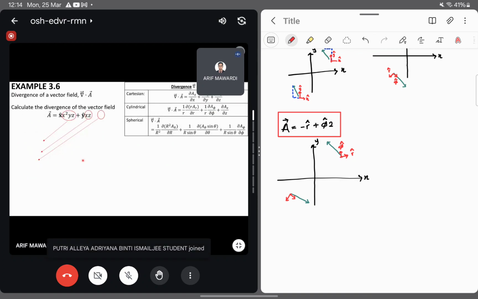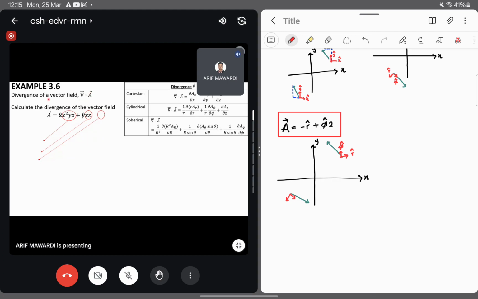Now the second type of operation. What we have just seen is the gradient of a scalar field. The second type of operation is called the divergence. It is denoted by the del operator dot with a vector field.